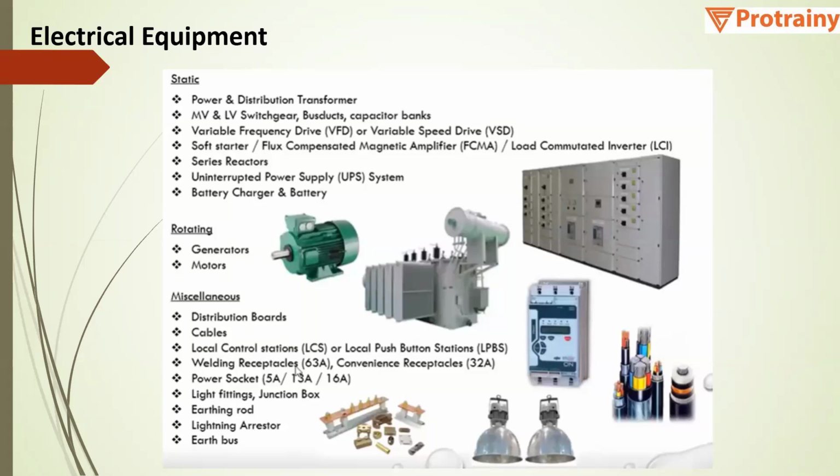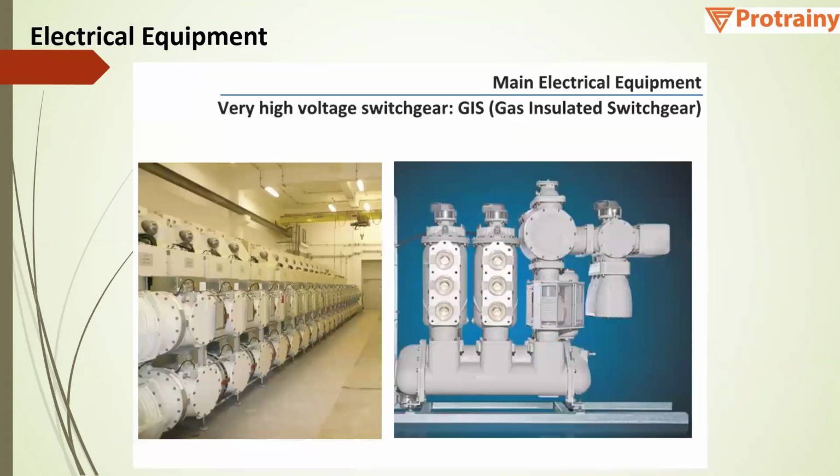The rotary equipment includes generators and motors. In the miscellaneous category, there are DBs, distribution board cables, LCS, then power socket, light fittings, junction box, earthing, earthing strips, lightning arrestor, earthing bus.